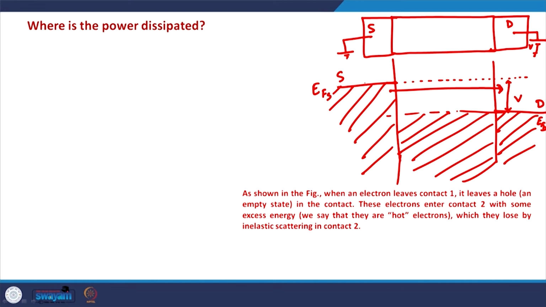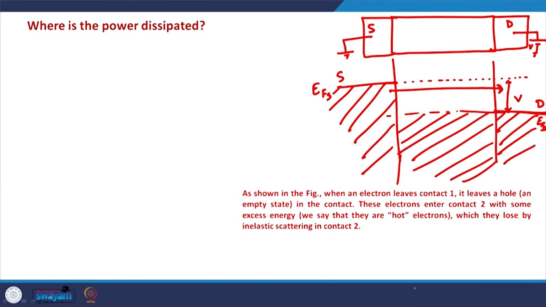And for the states between the source and drain Fermi levels, the source is trying to fill them, and the drain is trying to drain electrons out of them, to empty them.